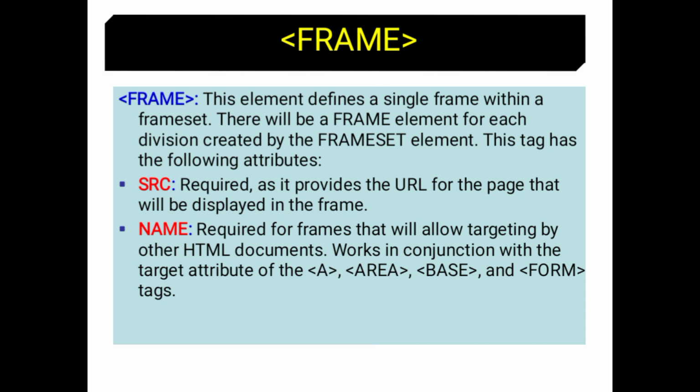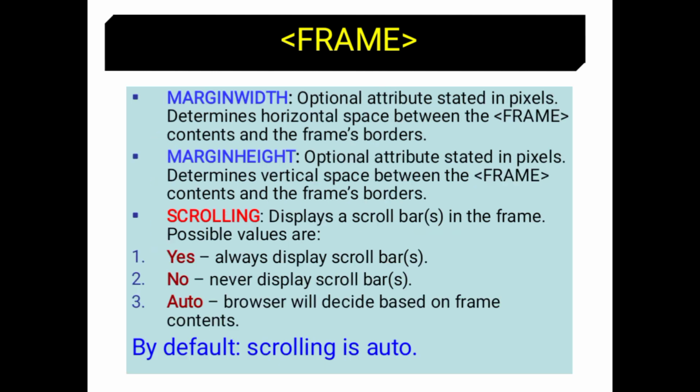It works in conjunction with the target attribute of the area, base and form tags. Marginwidth is an optional attribute stated in pixels that determines the horizontal space between the frame content and the frame border. Marginheight is an optional attribute stated in pixels that determines the vertical space between the frame contents and the frame's border.